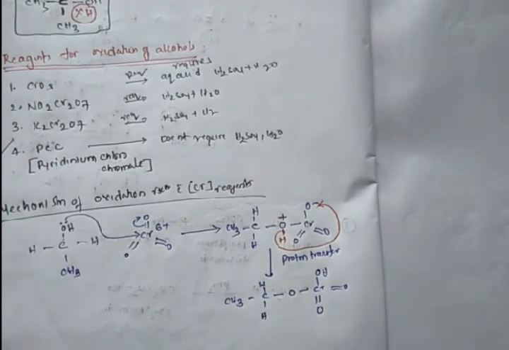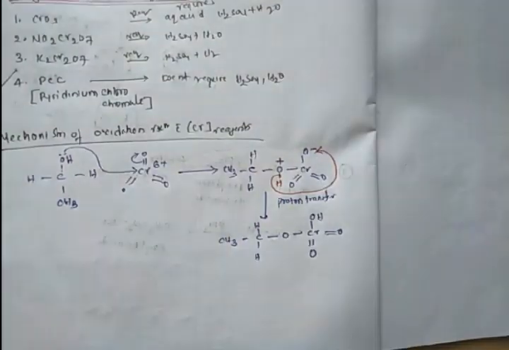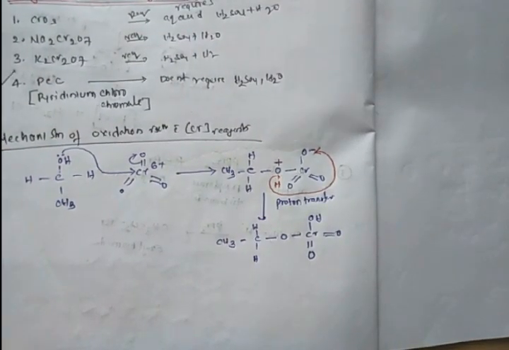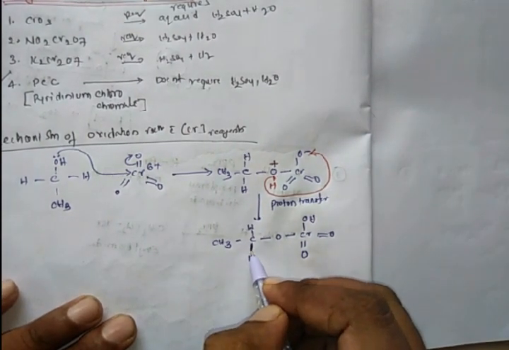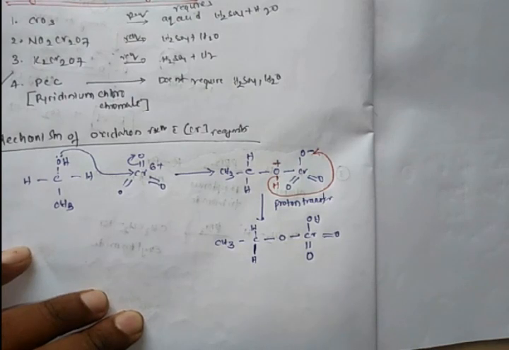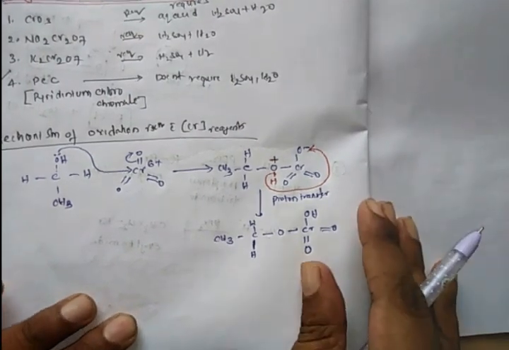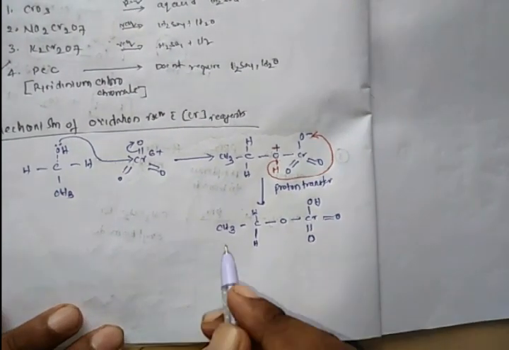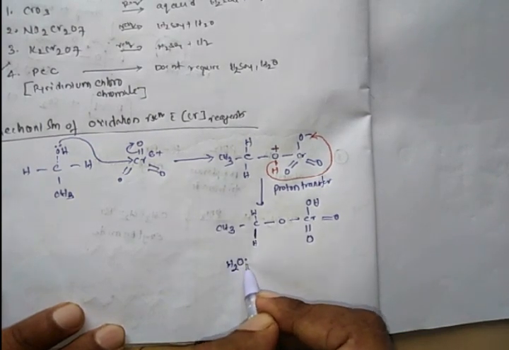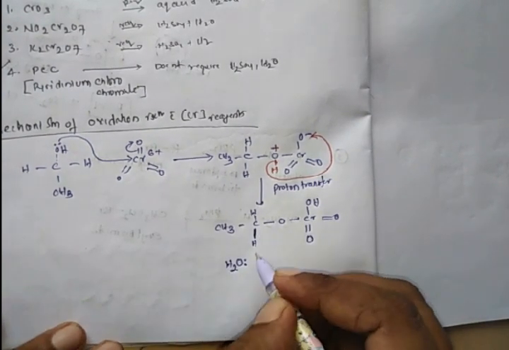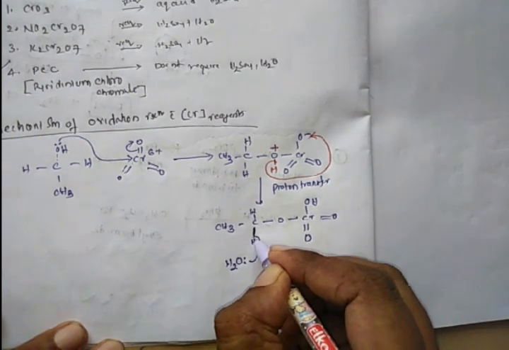So the next step: this carbon hydrogen is an acidic hydrogen. The water present in the reaction medium abstracts this hydrogen atom.